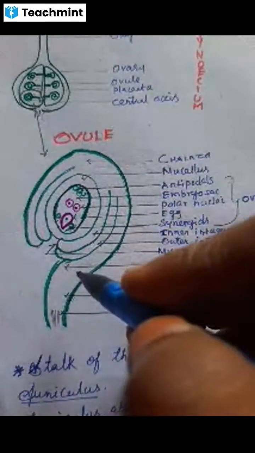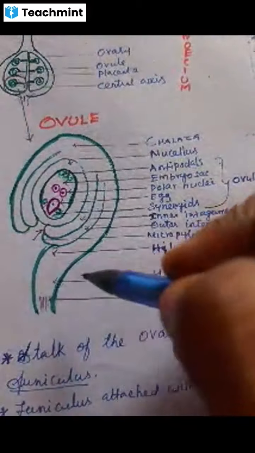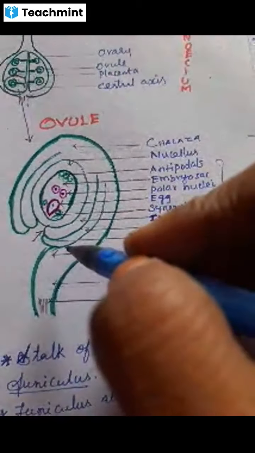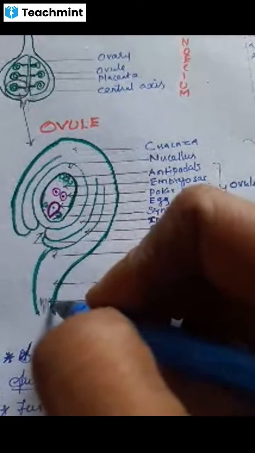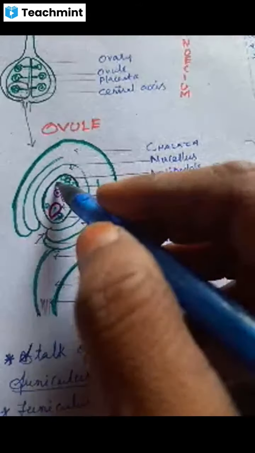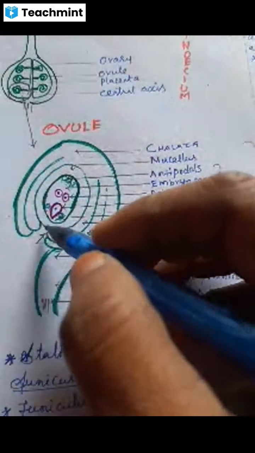The whole structure is the ovule. The stalk of the ovule is called the funicle, followed by the hilum. This is the attachment site of the funiculus and the ovule.